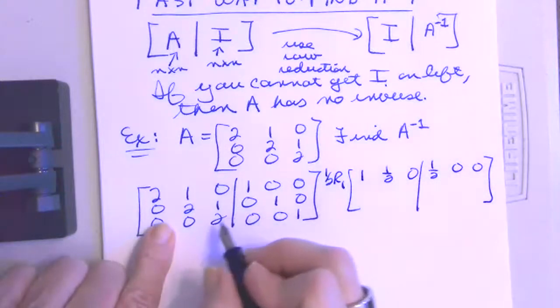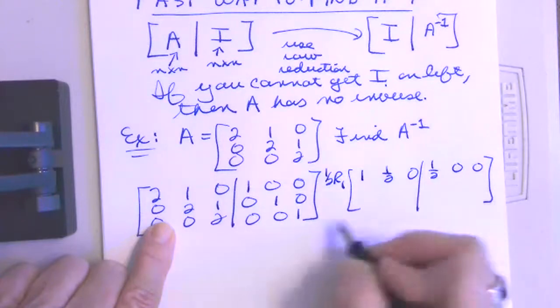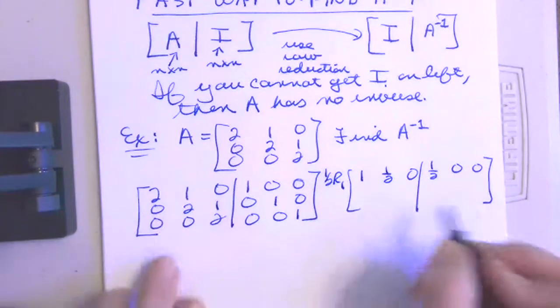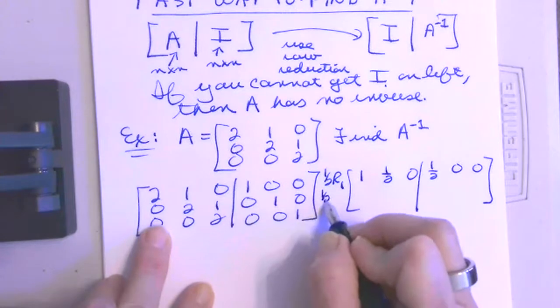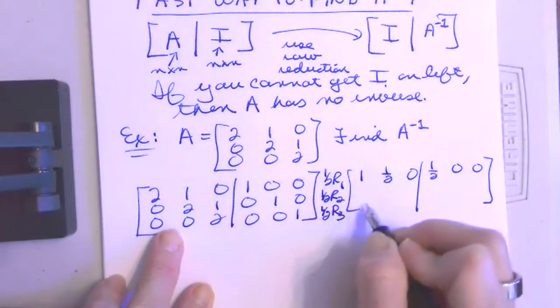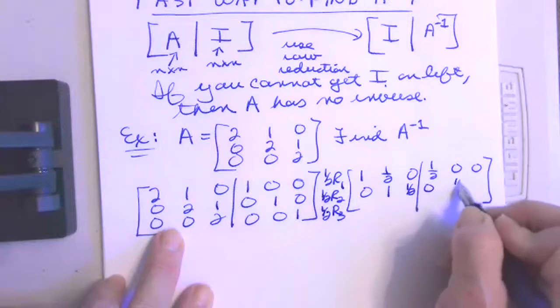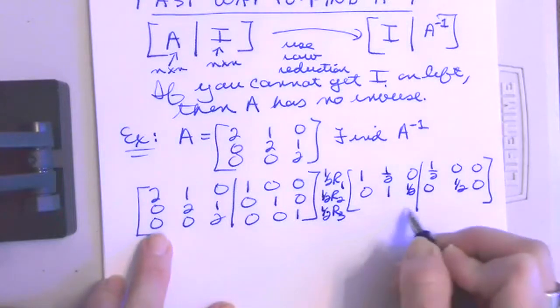Okay. If I just recopied everything down, I would have cleared row 1. But while I'm at it, let me go ahead and do 1/2 row 2 and 1/2 row 3, because I can kind of see where this is going.